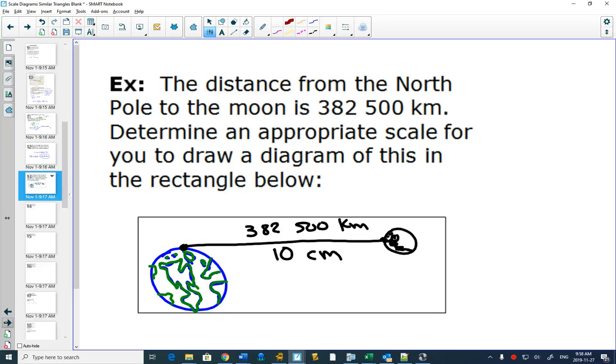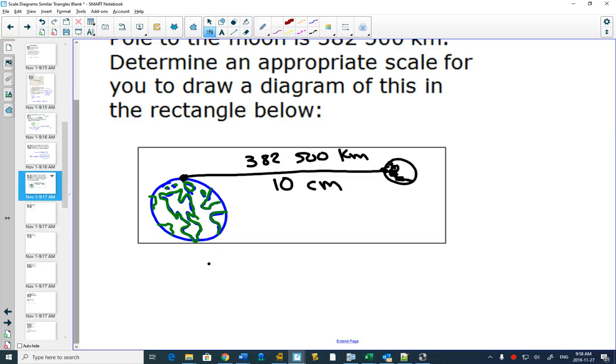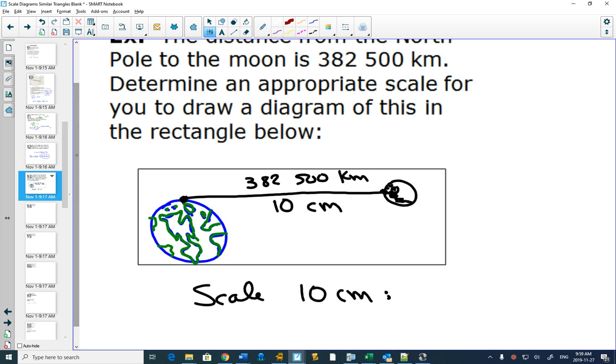If that's 10 centimeters, I need to come up with a scale. Well, you can start with your scale saying, well, I know that 10 centimeters has to be the same as 382,500 kilometers.